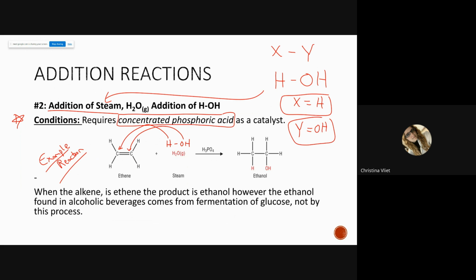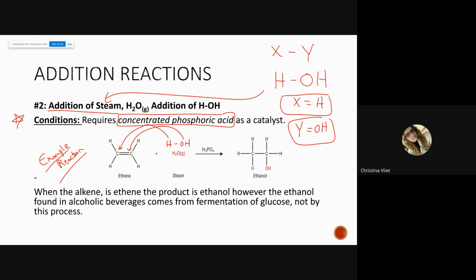And so the idea here is that some people do use this process to make ethanol, but you shouldn't, because there are byproducts in there and you've got the phosphoric acid in there, and it's not very healthy to make it this way.